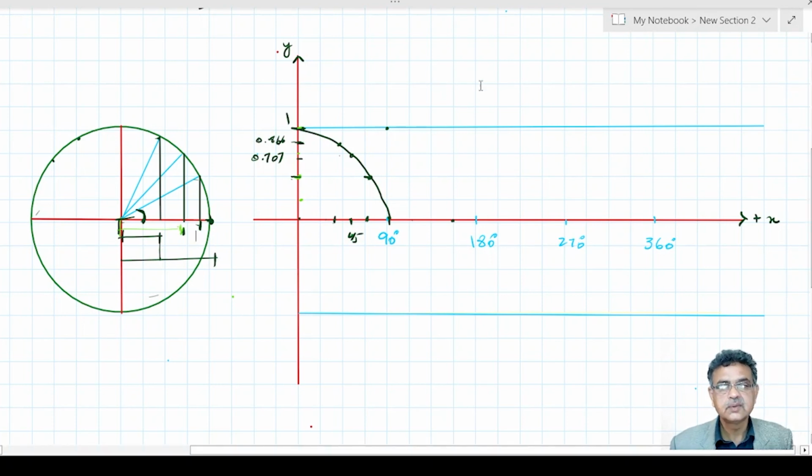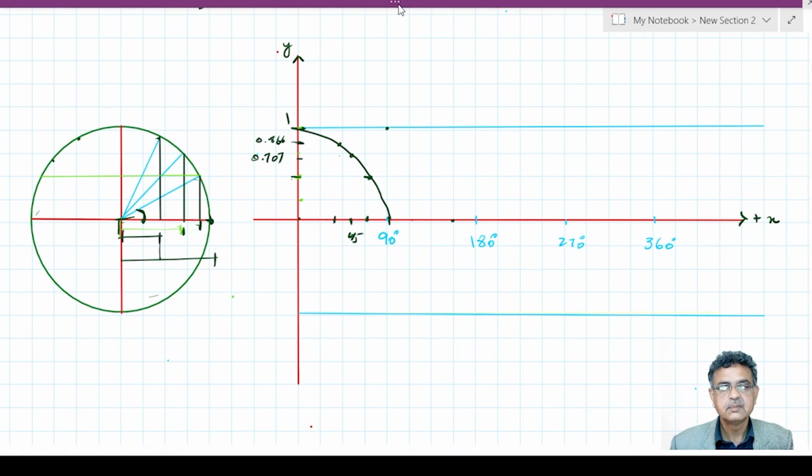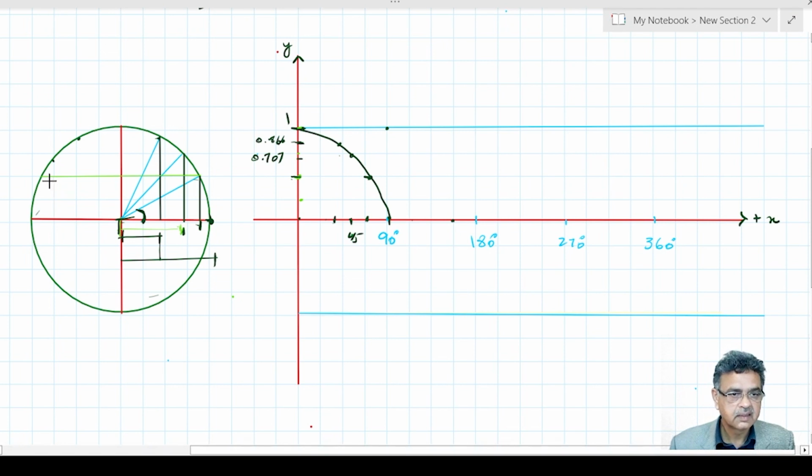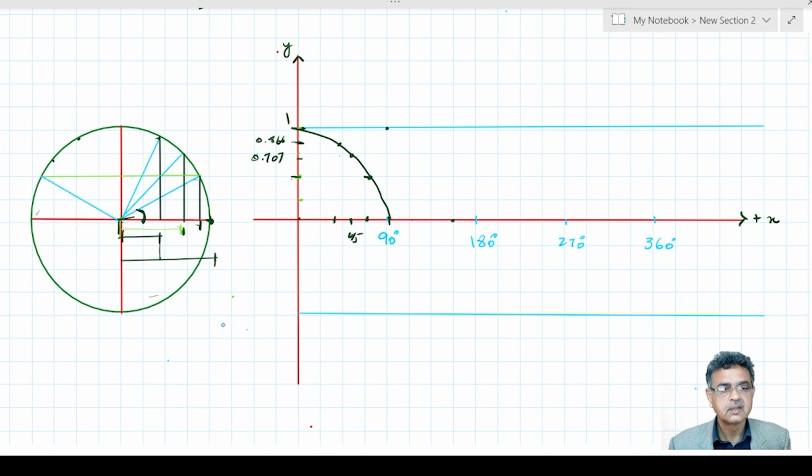And if we come to the opposite side in the second quadrant, at the same height on the other side, if I mark a line here, then if this angle is 30, the same 30 degrees will be on the opposite side.